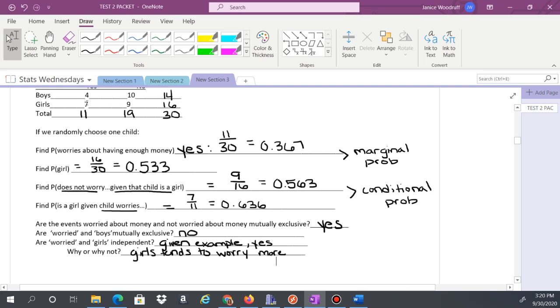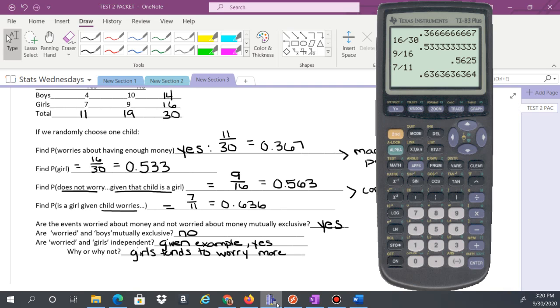The probability of a girl saying yes was 7 out of 16, where boys was 4 out of 14. That's 44% to 29%. So more girls tend to worry more than boys. So you can argue that depending on what your survey results are.